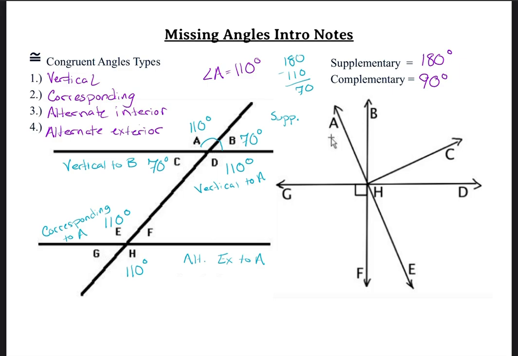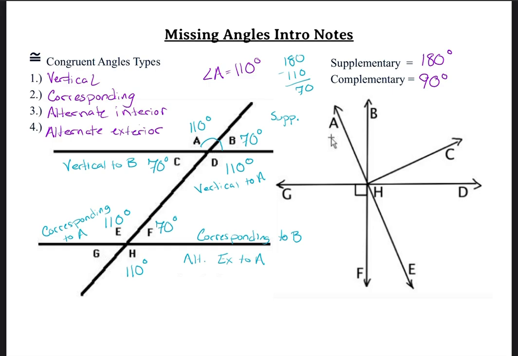Then I'm going to go to my corresponding. B is on the right and above the line, so its corresponding angle is going to be to the right and above the line. That is F. F is corresponding to B, and they are congruent, so if B is 70, F is also 70.